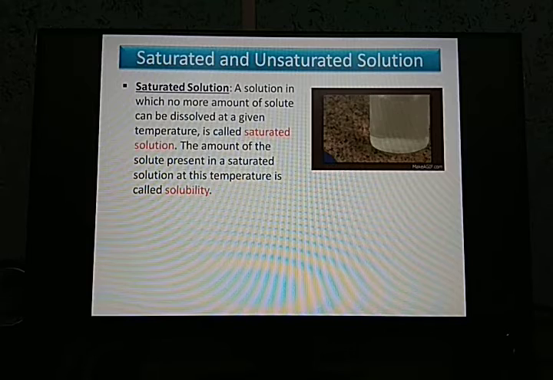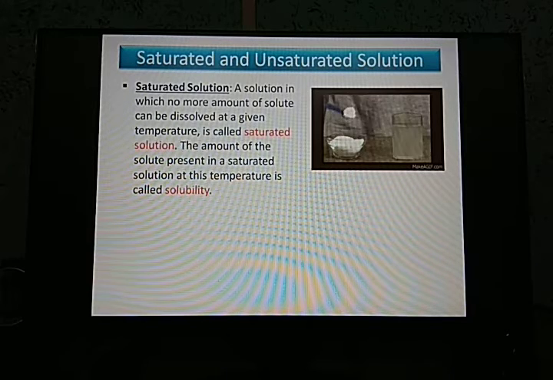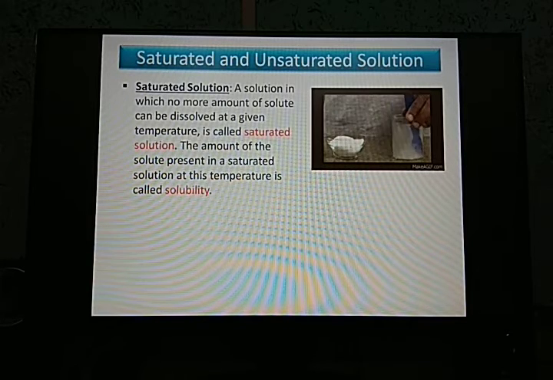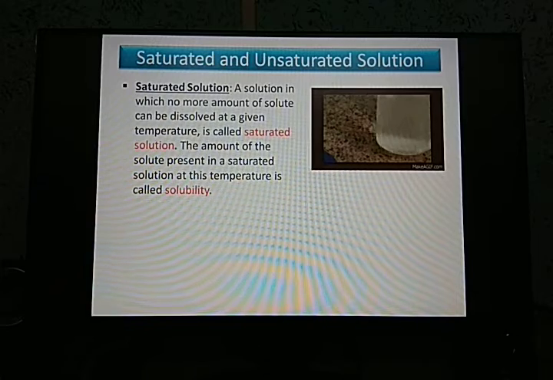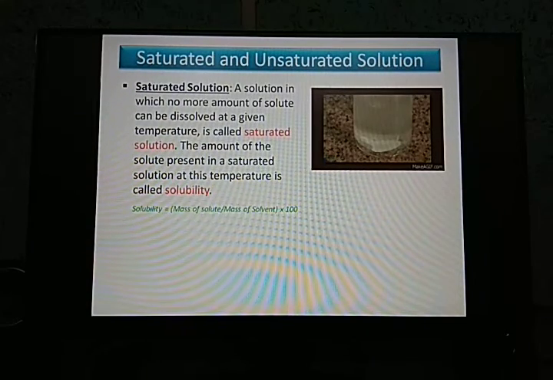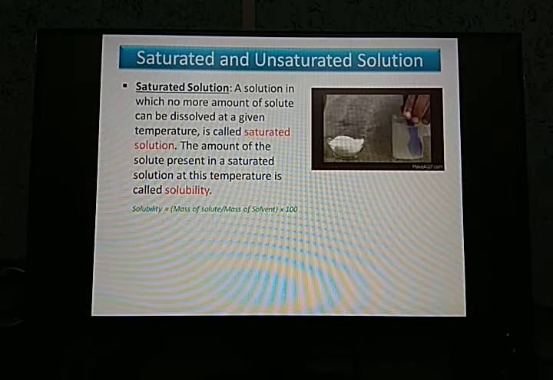And the amount of solute present in that saturated solution at that given temperature is called its solubility. Now solubility varies with the temperature. With the increase or the decrease of the temperature, the solubility of the solution varies. Clear? Now solubility is given by the formula: mass of the solute divided by mass of the solvent, multiplied by 100. So this is the formula for solubility of a solution.